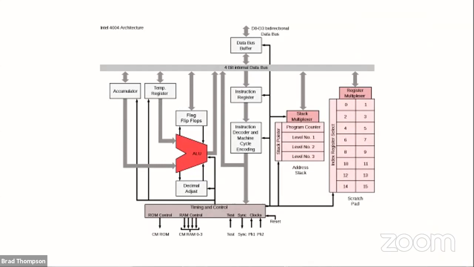Up here, we have our flag flip-flops, which we talked about yesterday, little 1-bit things to keep track of data in between different operations that the processor does. Over here, the instruction register and instruction decoder. Again, I think in our circuit that was baked into the control circuit, but this is the thing that actually looks at what our program is telling us to do, and then goes and tells all of the other stuff how to do it.